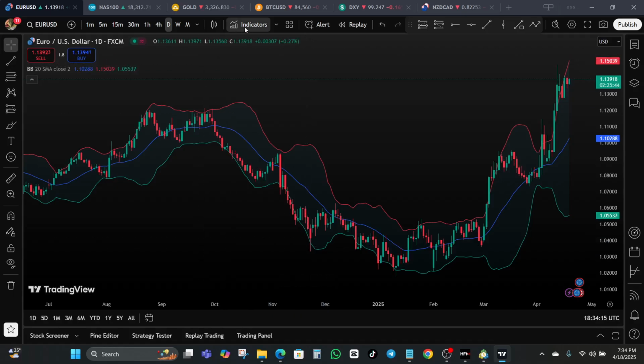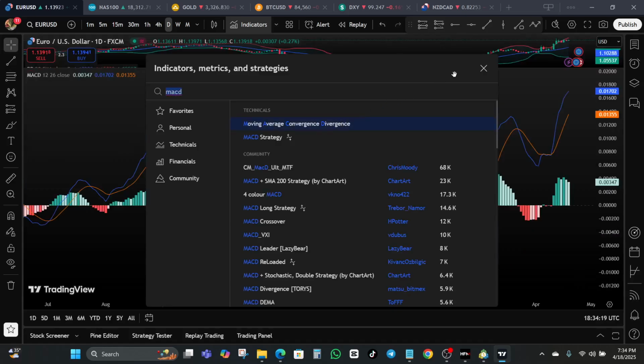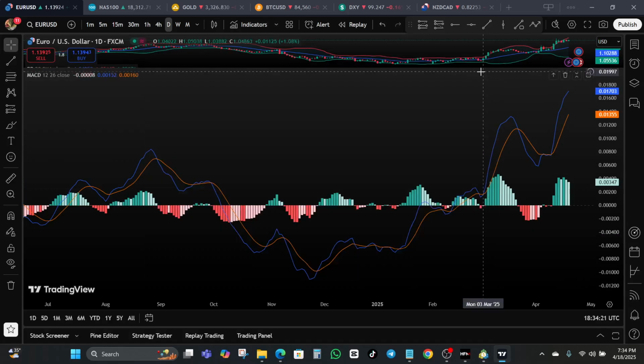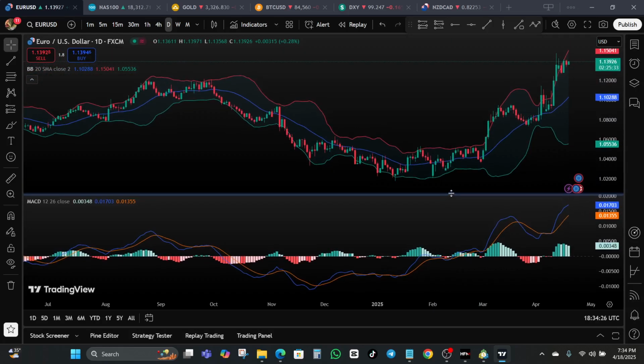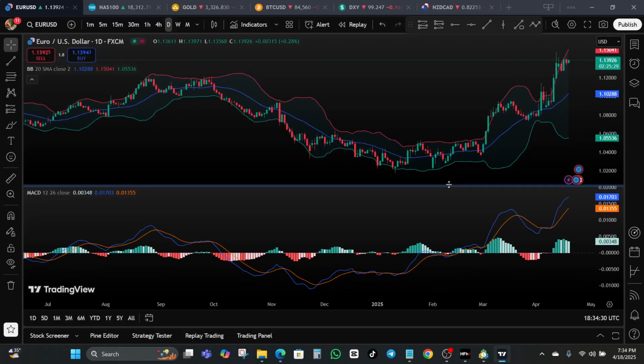Then another popular indicator is the MACD, that's the moving average convergence divergence. It's a trend following indicator that reveals momentum.